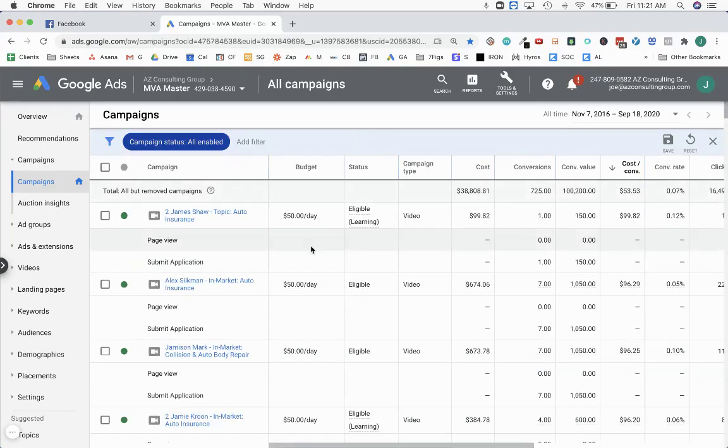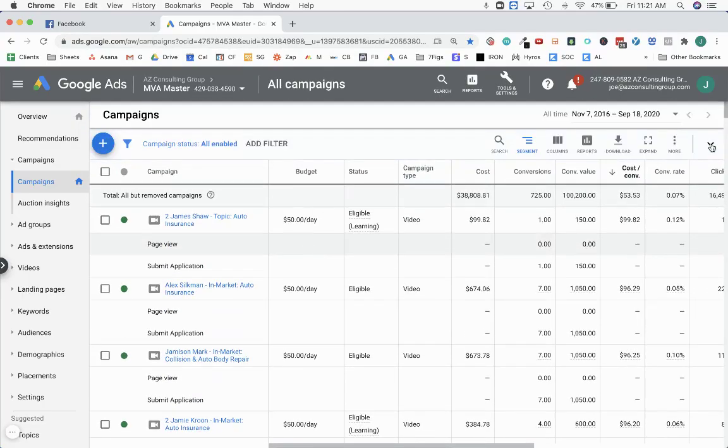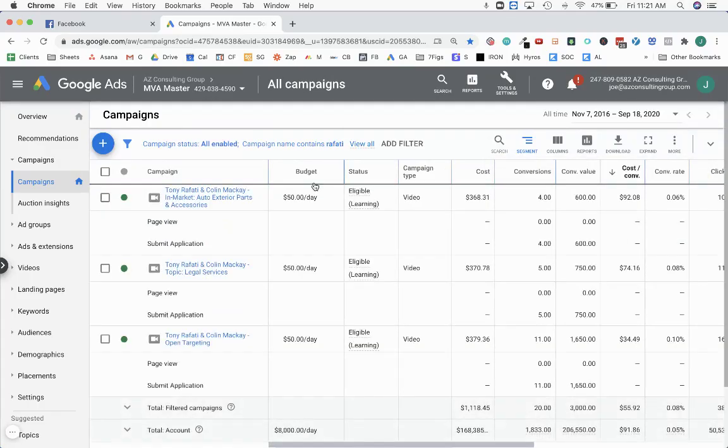Okay, so let's exit out of Jamie Kroon and let's continue down the list. Tony Rafati. So I believe, Toya, is Rafati offboarded?